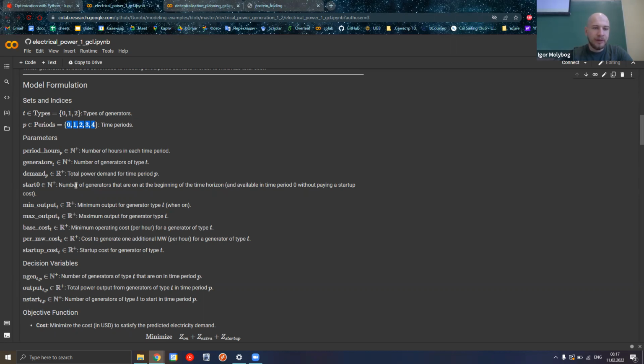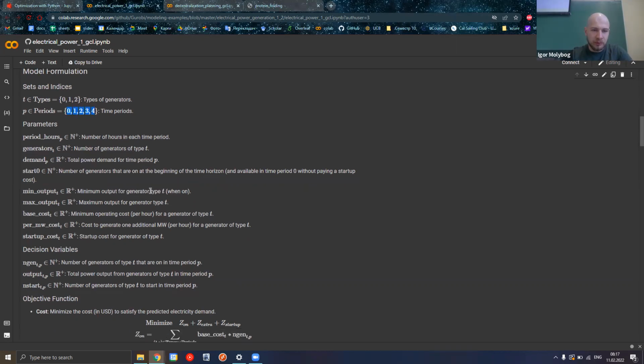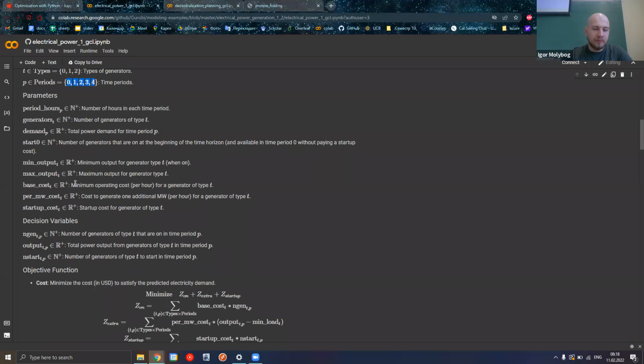Then we have the number of generators that are on at the beginning of our operation, so that you don't have to pay startup costs for them. You have the minimum output of a generator. You have the maximum output of a generator. You have the base cost, which is the minimum operating cost per hour of a generator.